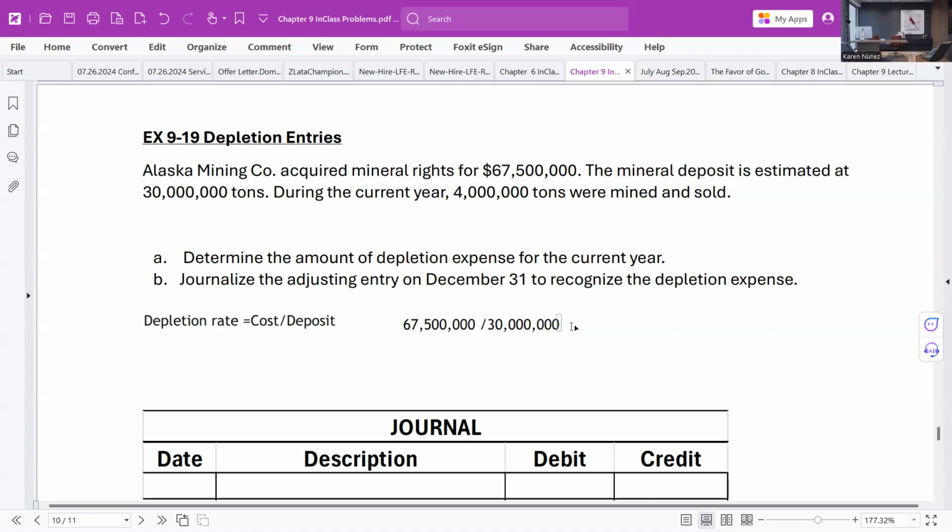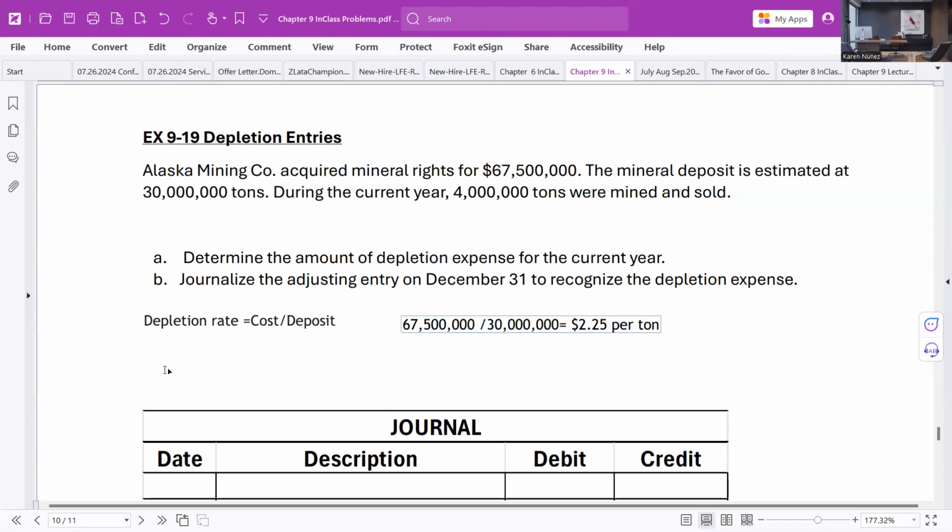But what it means for us is now we need to figure out what our rate is here, because I set up the equation, but I didn't put in the actual rate, which, for our purposes, is 2.25 per ton.